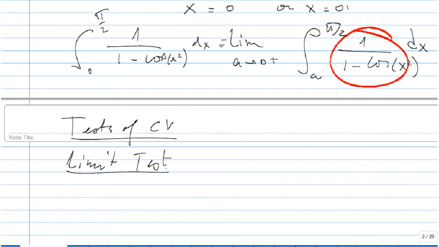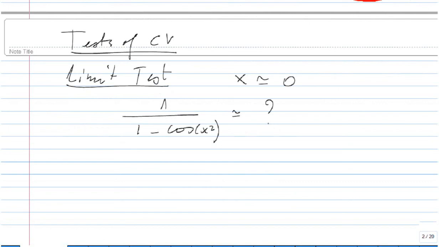In other words, we're taking x near 0, and we are going to approximate the function 1 over 1 minus cosine of x squared. For that, we're going to use the Taylor polynomial at 0.